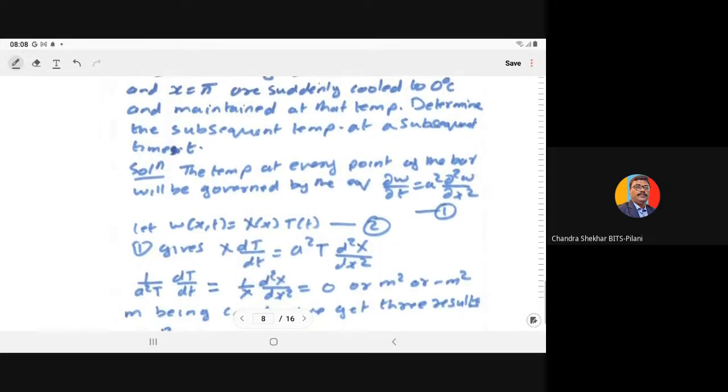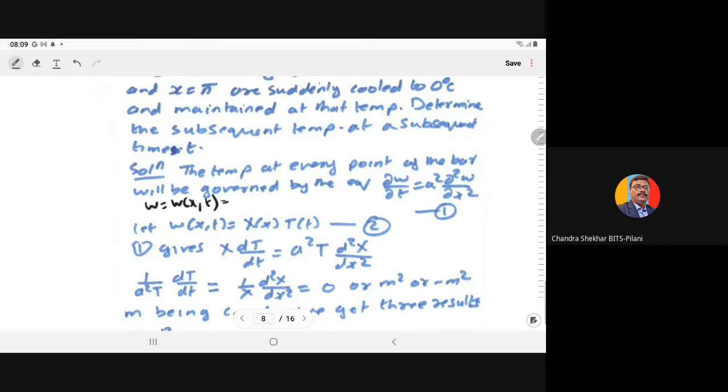The temperature at every point of the bar will be governed by the one-dimensional heat equation, del W by del t equals a squared del 2W upon del x2. As I have told you, W is a function of position and time.